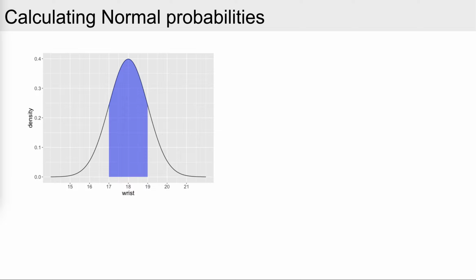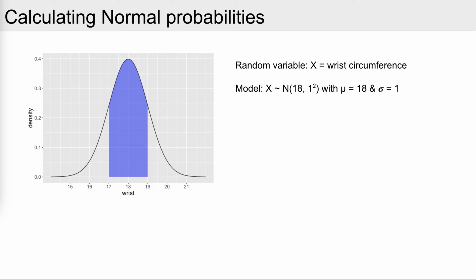Finally, let's calculate some normal probabilities and use these to better understand the normal parameters mu and sigma. To this end, we'll focus on the random variable x, wrist circumference. X can be well represented by a normal model centered around a mean mu of 18 centimeters, with a standard deviation sigma of 1 centimeter.